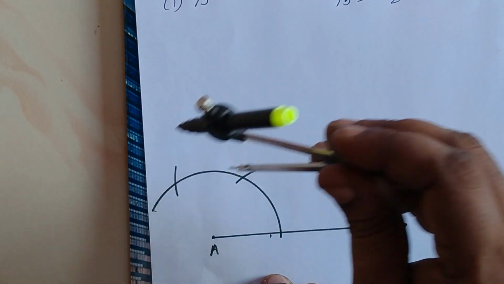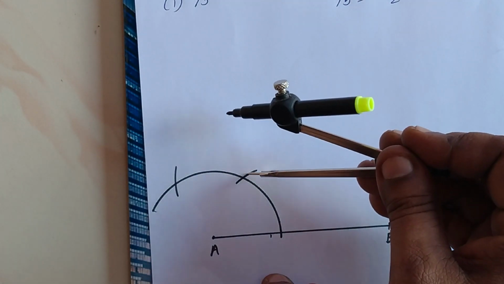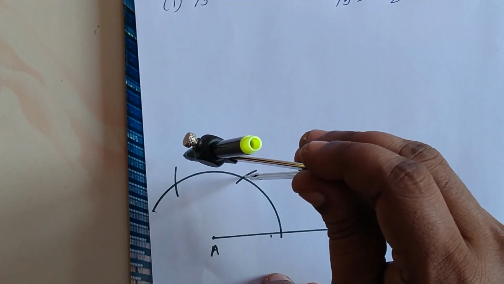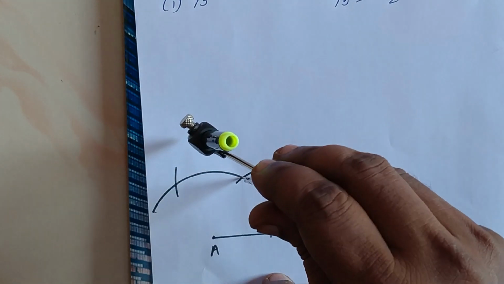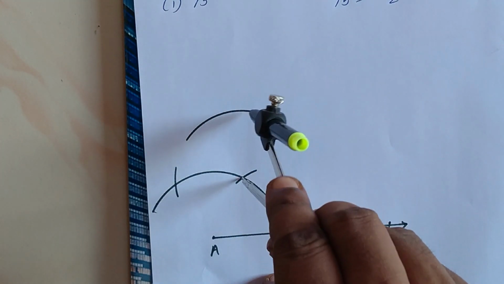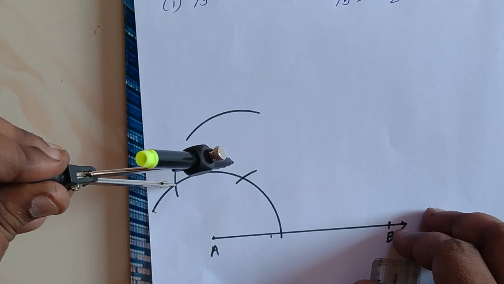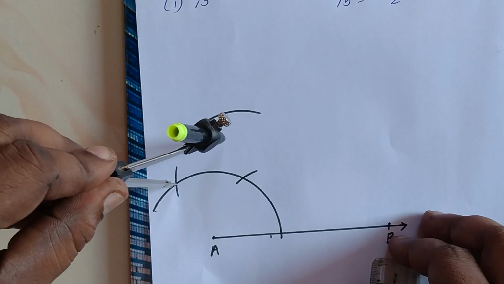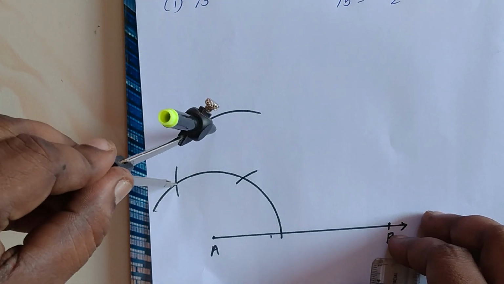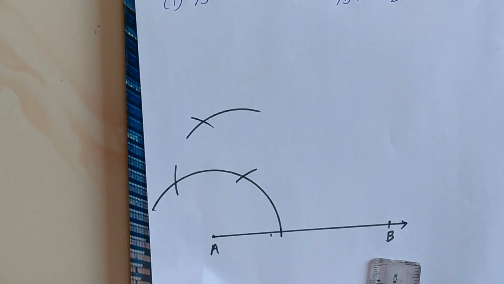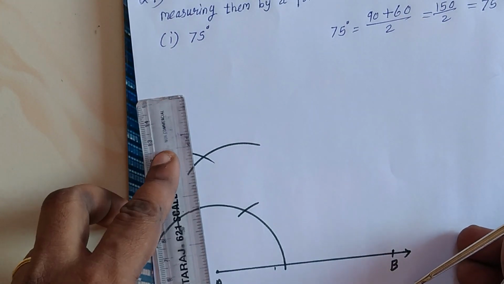Now 90 is the bisector of this. We got 60 which we want. Now we want 90. So take the same distance, draw the arc here. Now from this point, that is 120, draw the arc such that it will intersect the first arc. Okay, so now join this line.